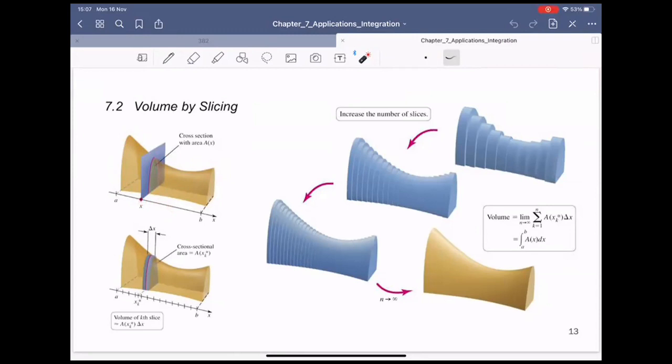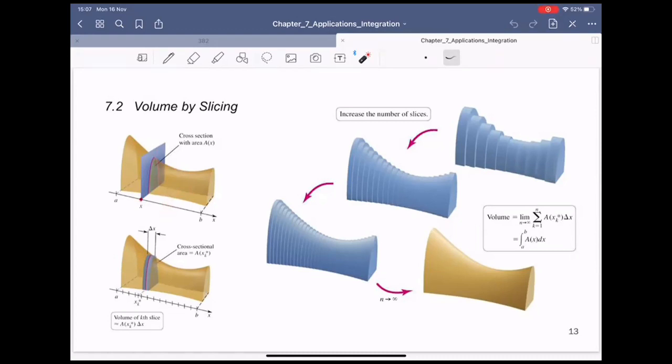Does it make sense? That means you can find the area in terms of x, because no matter what value of x you cut, you still get the same shape, so you can find the area of that cross section.